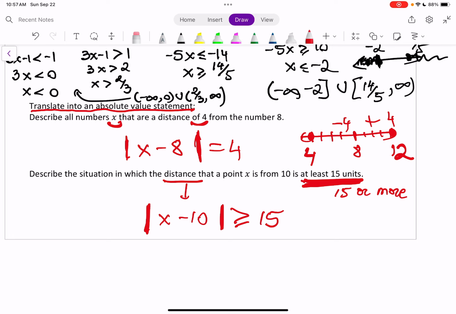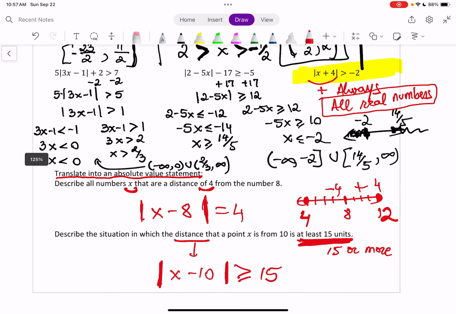Okay. At least 15. So 15, 16, 17, right? At least means 15 or more. Okay. So the distance from a point to 10, so in other words, the difference from that number down to 10 or up to 10 has to be more than 15 units. So distances are described with absolute values.